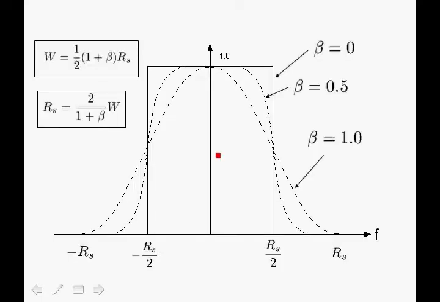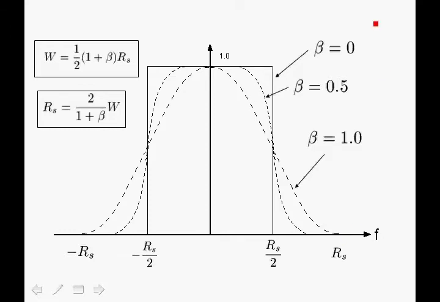Let's focus on this diagram here. We can associate with each filter a parameter beta, which is called the roll-off factor. For beta equals 0, we get the rectangular frequency response, and for beta equals 1, we get the system with a maximum bandwidth shown over here.